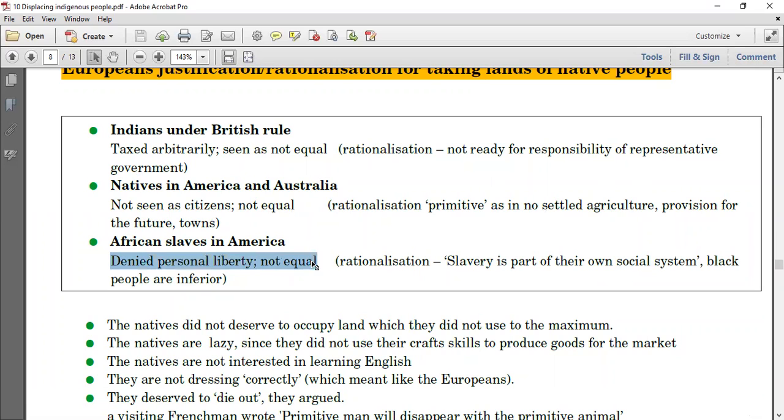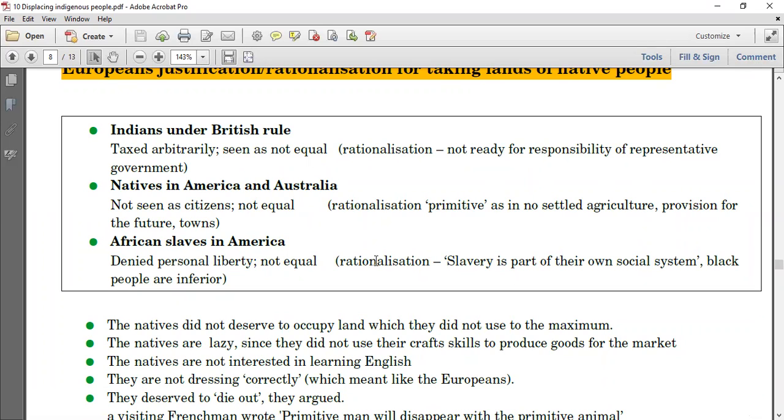They were denied personal liberty and not considered equal because slavery was a part of their own social system; they felt that black people were inferior and so deserved to become slaves. The natives did not deserve to occupy the land which they did not use to the maximum, was one of the thinkings.